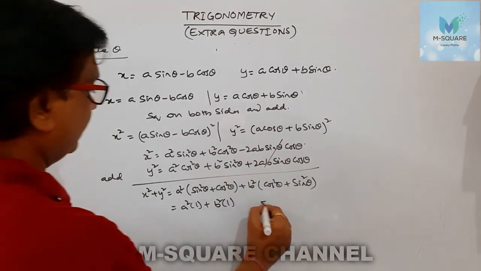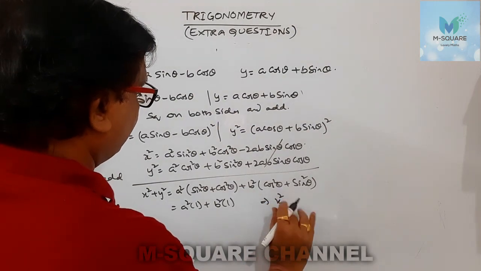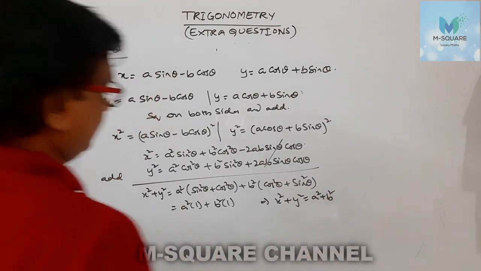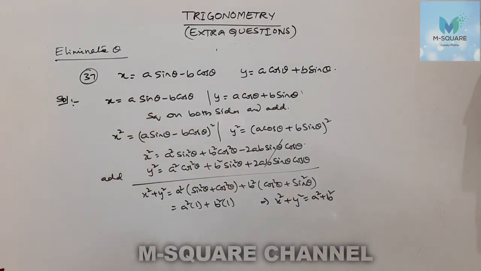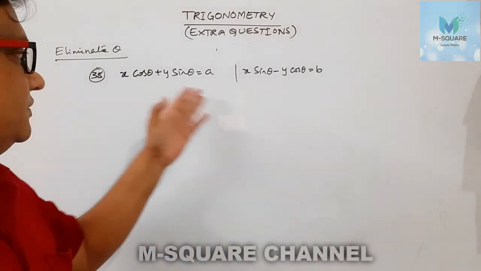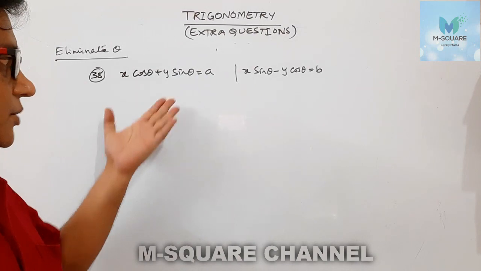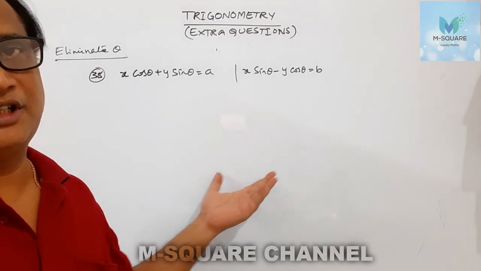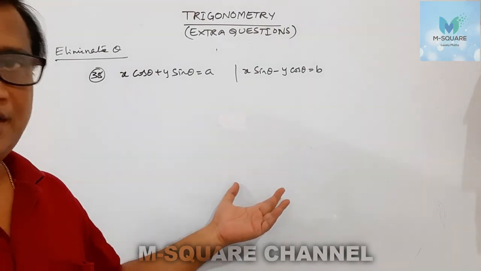So finally we get x square plus y square equal to a square plus b square. This is the final answer. So we remove the theta like this. This question is also like the 37th question, the one before. So please try yourself. The answer is also the same: x square plus y square equal to a square plus b square. Okay, thank you.